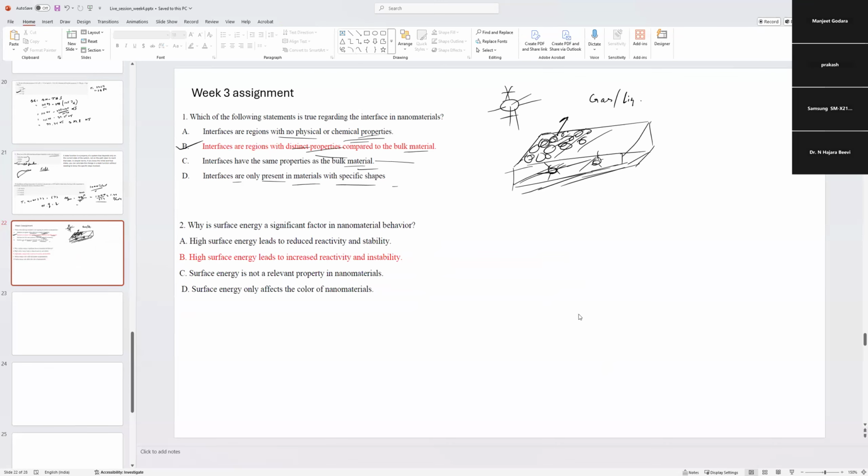Why is surface energy a significant factor in nanomaterial behavior? Again you have your spherical particle, atoms sitting on the surface. You saw they have incomplete valency.